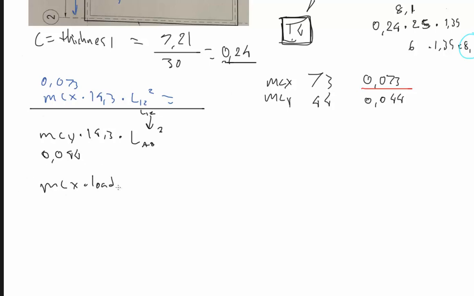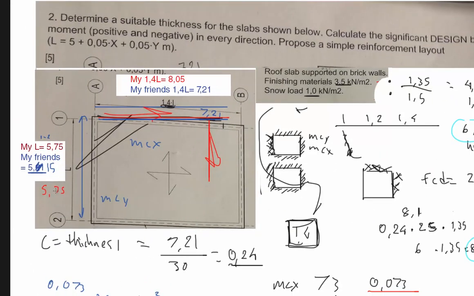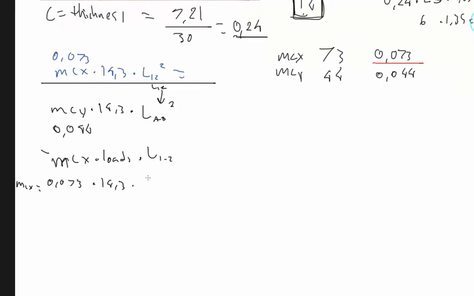mcx times loads times L12, that would be 0.033. Actually, that's not mcx. Well, we're getting mcx, so mcx is equal to, this is just what we multiply with this factor: 0.03 times 14.3 times, as we see here, this one, 5.15.